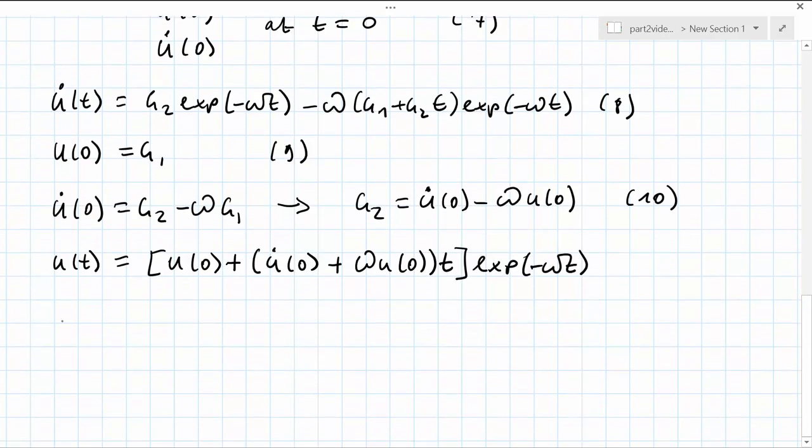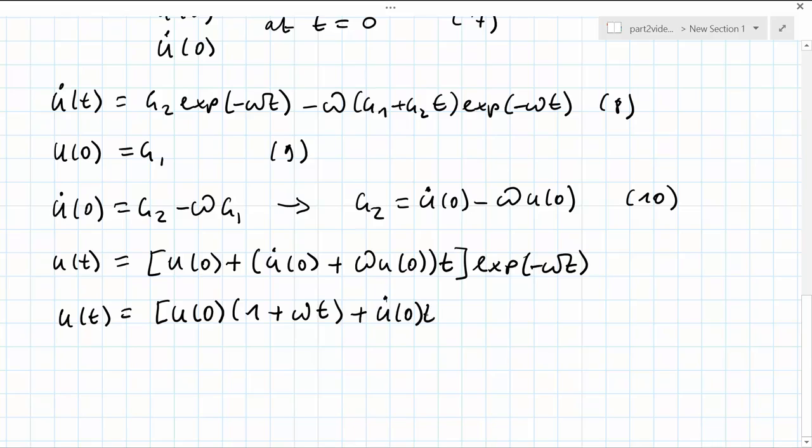We can simplify this as the initial displacement times (1 plus natural frequency times time) plus our initial velocity times time, all multiplied by the exponential function of minus omega t.